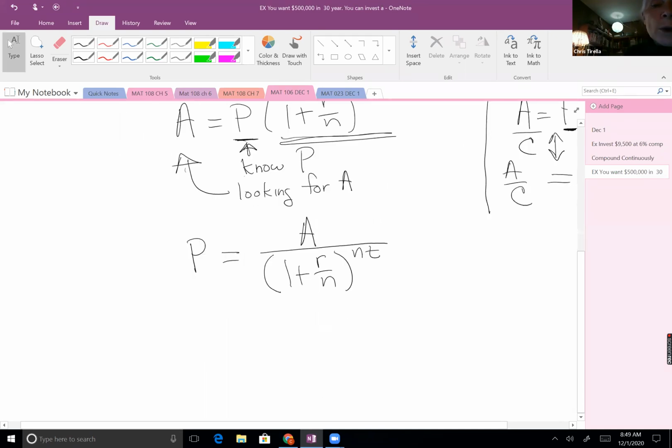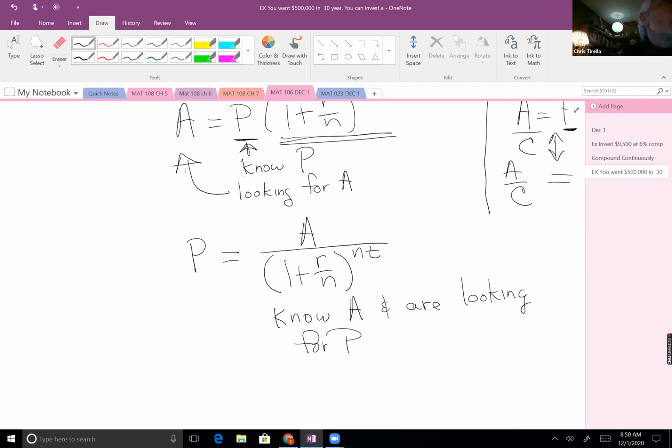And so we're going to use this formula if we know A and are looking for P. And so we'll have two different formulas for compound interest.